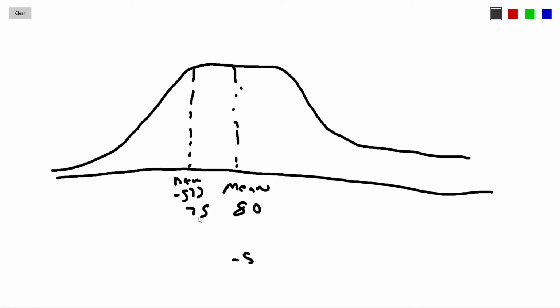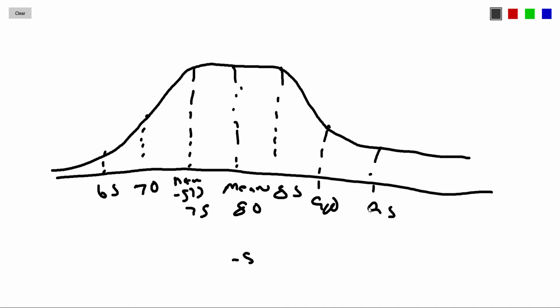That would be 75. This one would be 75 minus our standard deviation, which is 5. 70. 65. That would be 85. 90. 95. Alright. Again, these are not the right answers. I'm just giving you a blank example.